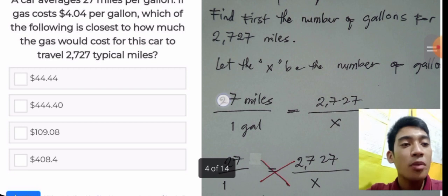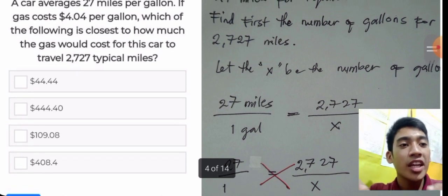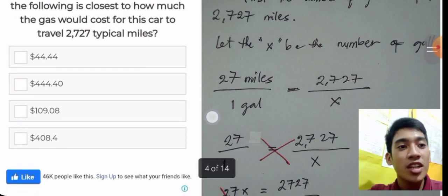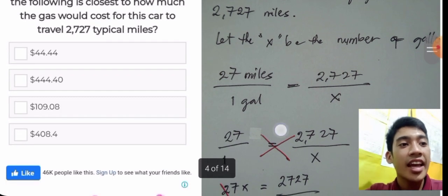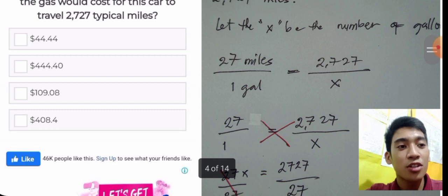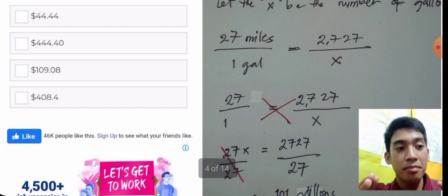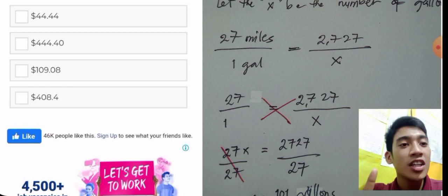How many gallons for a car to travel 2,727 miles? So let x be the number of gallons. It is a ratio and proportion. So 27 miles is to 1 gallon equals 2,727 miles is to x.